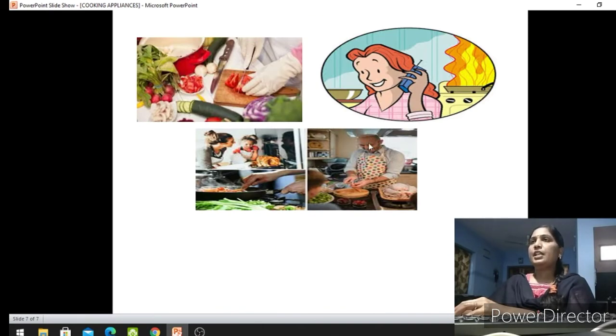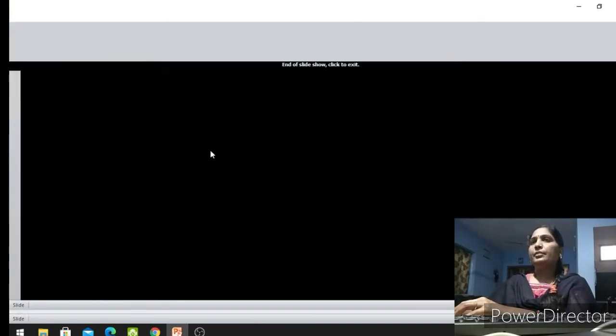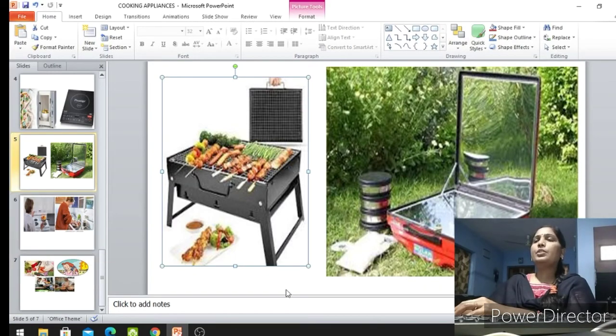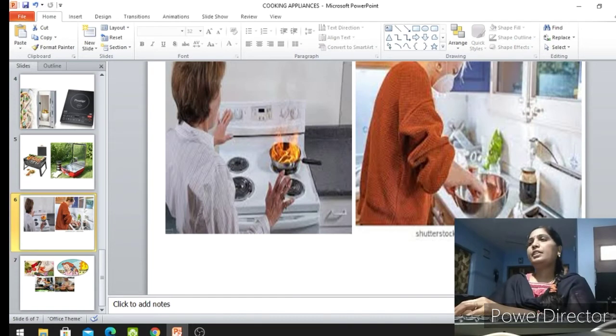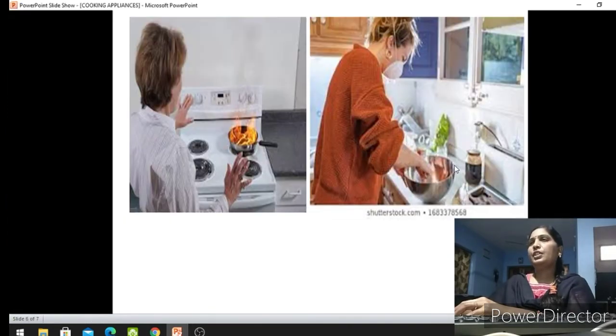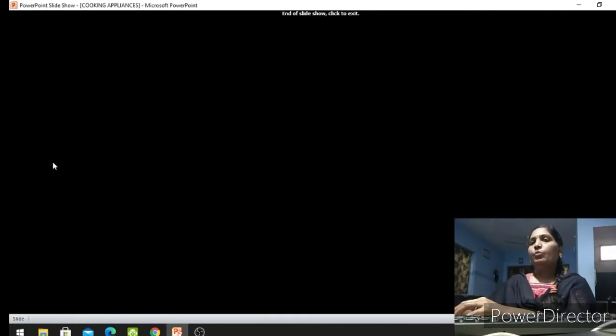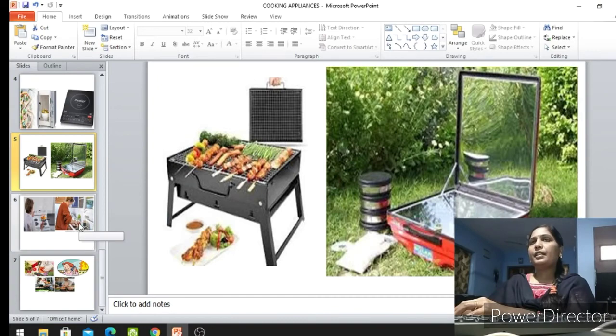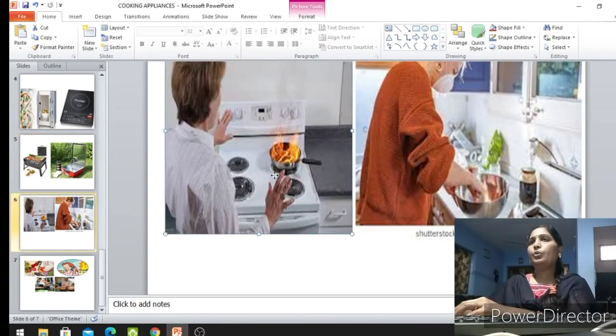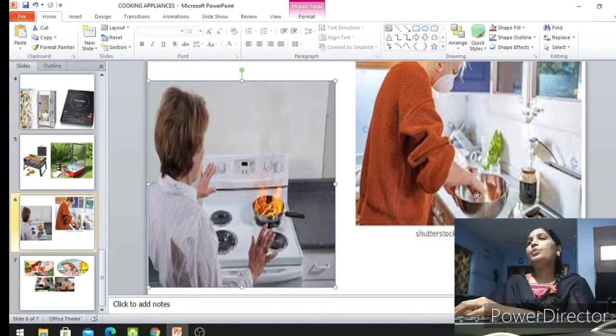And next we will see how to cook food items safely. Before this, you need to do one activity from your worksheet. From worksheet 4, one paragraph is given about how to cook food safely.